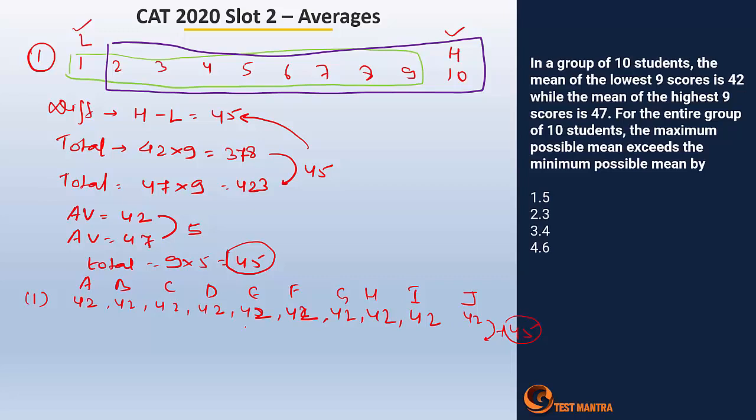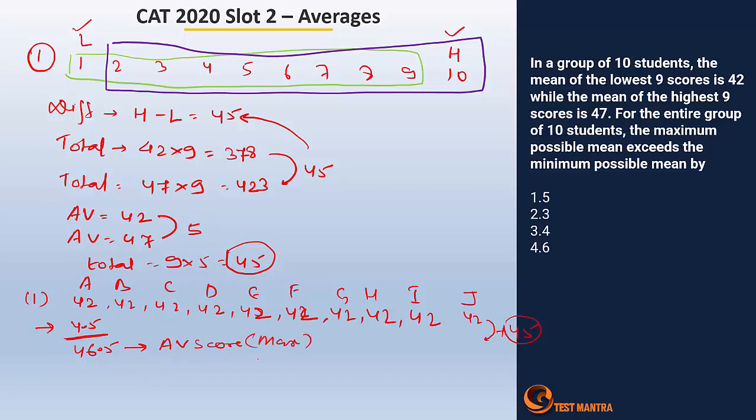So if I'll distribute this 45 in 10 equal parts, then each and every value will increase by how much? 4.5, right? Can I say now each and every score is supposed to be nothing but 46.5 in this case, or else that's nothing but my new average score here, right? So I can say the average score maximum here can be nothing but 46.5. That can be my maximum score possible.